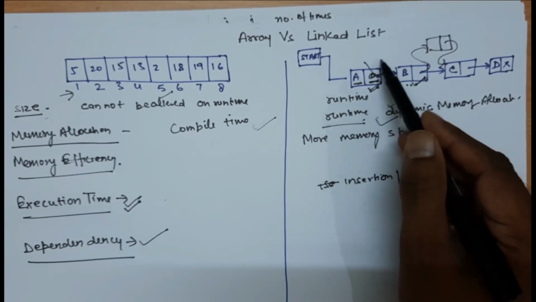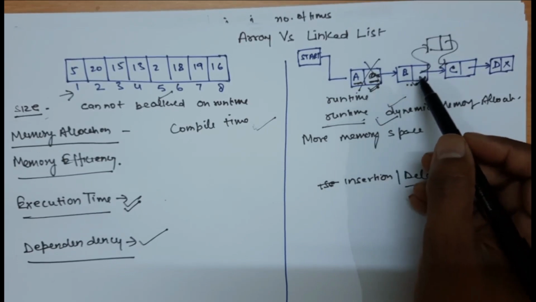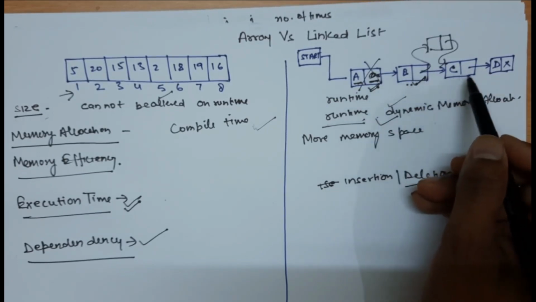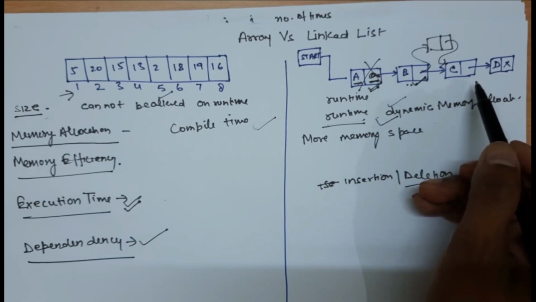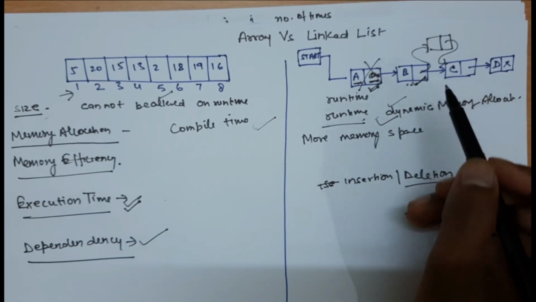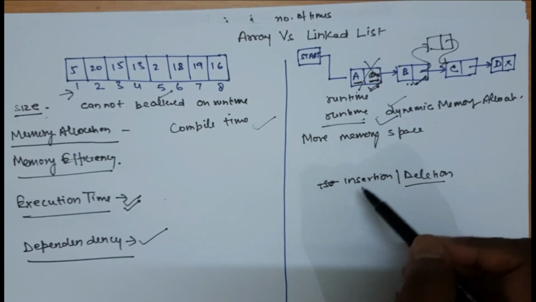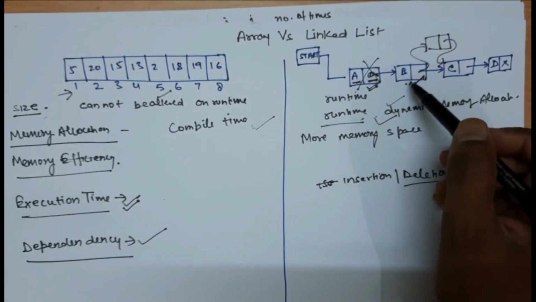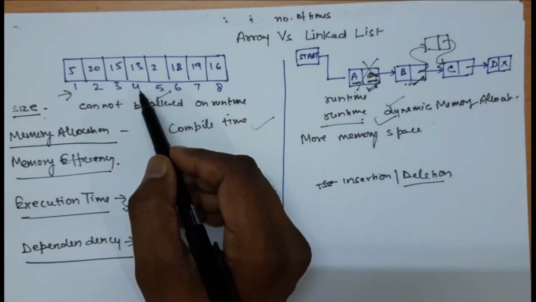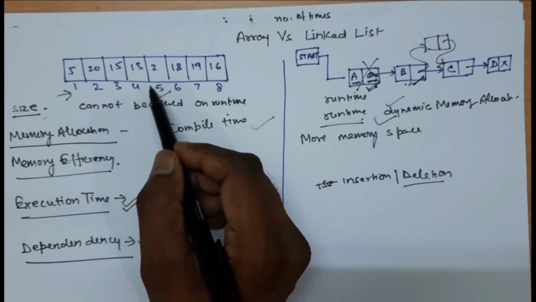So if the previous node is lost anyhow, we will not be able to access any of the elements of the linked list. So in the case of the linked list, the elements are highly dependent on each other, while in the case of the array data structure, the elements are not dependent on each other.